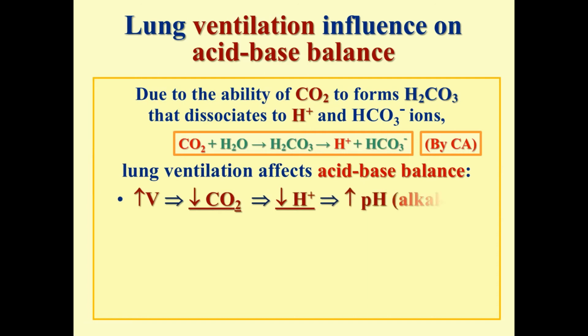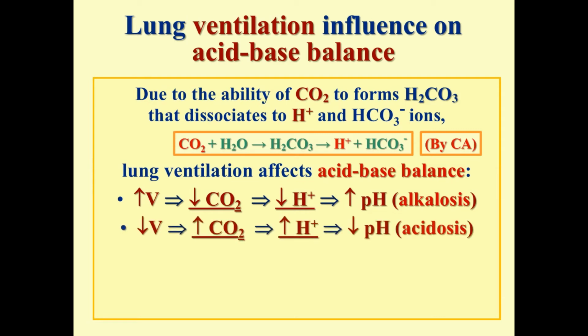Excessive ventilation decreases CO2 level, but decrease in CO2 is accompanied by decrease in H+ ions concentration. So, in case of hyperventilation, we decrease H+ and therefore increase pH value, or simply we produce alkalosis. With decreased ventilation, there is accumulation of CO2, and this excess of CO2 forms the excess of H+ ions.